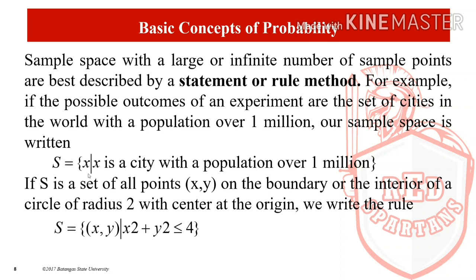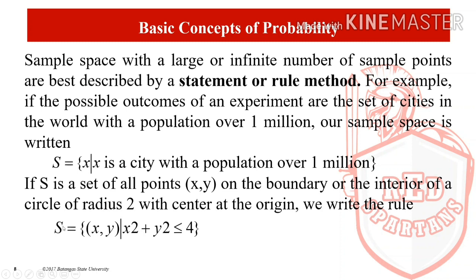Then another example: if S is the set of all points (x, y) on the boundary or the interior of a circle of radius 2 with center at the origin. This means the circle starts at the origin and its radius is 2. We are looking for the boundary, the circle itself, and the interior, the part inside. So what are the sample points there, or what are the x and y coordinates?